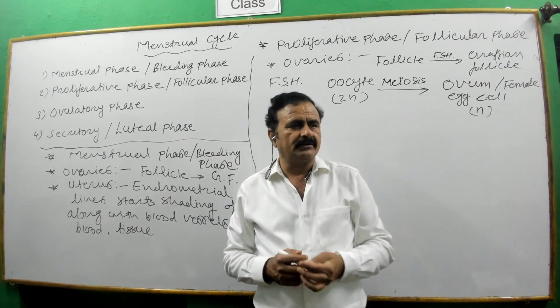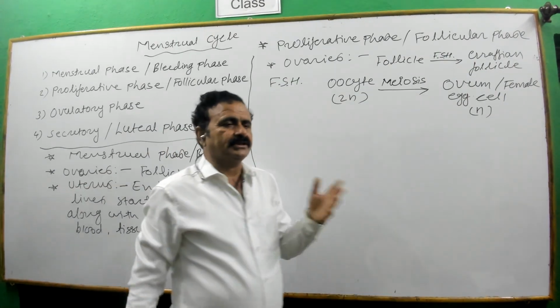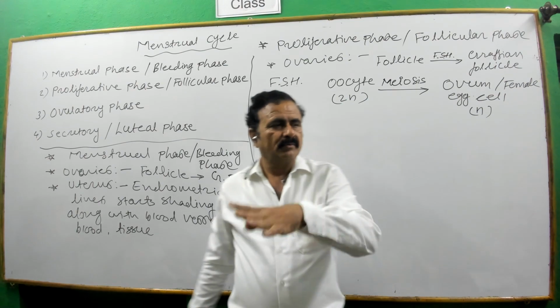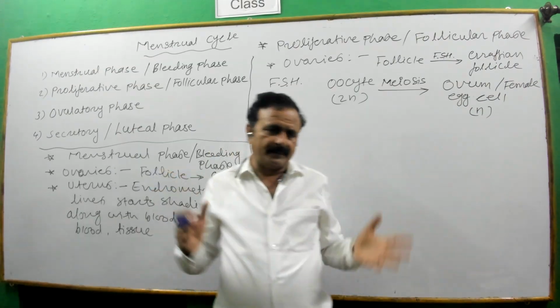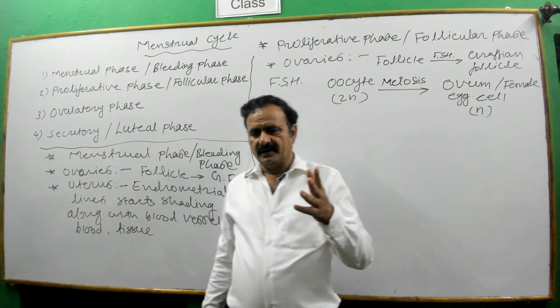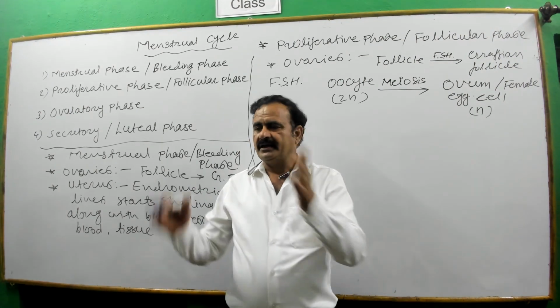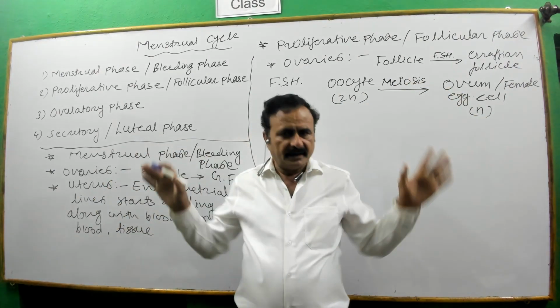Cell division दो प्रकार का होता है बच्चों, meiosis and mitosis. In case of mitosis, जो ploidy level है उसी को ही वैसा ही रहने दिया जाता है, उसमें कोई change नहीं होता है.